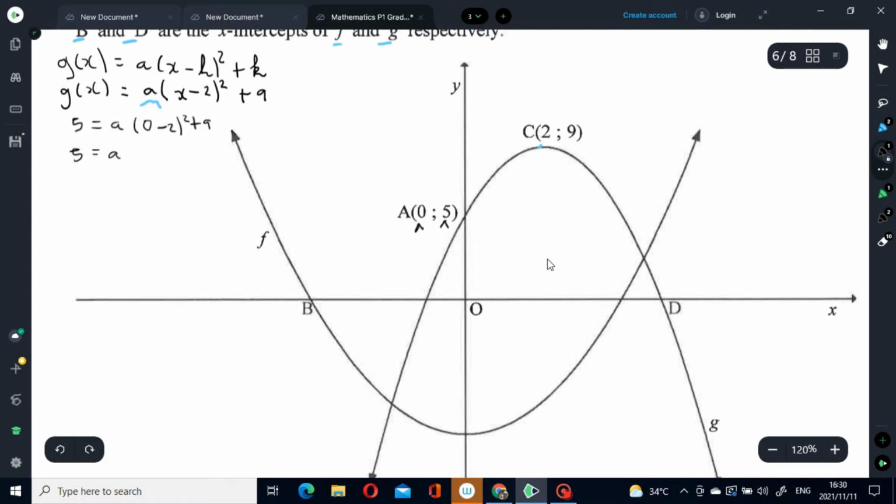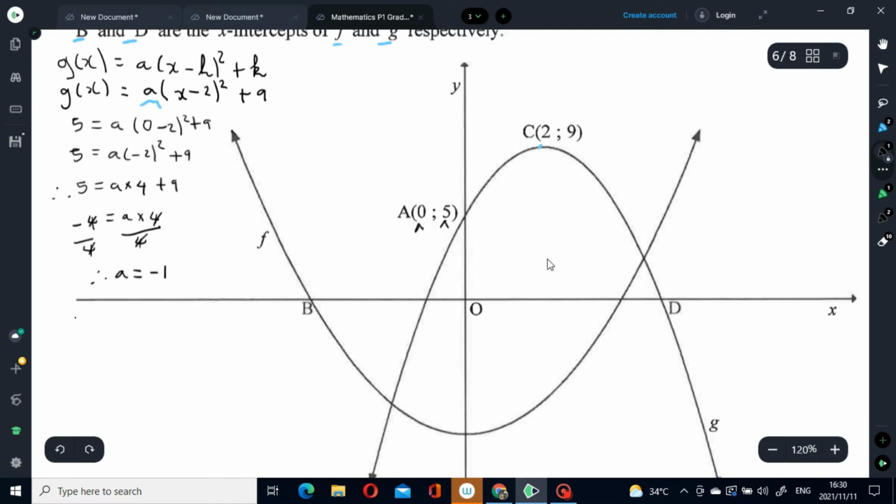Take 9 to the other side. Divide both sides by 4, 4 and 4 cancel, and a is equal to negative 1.